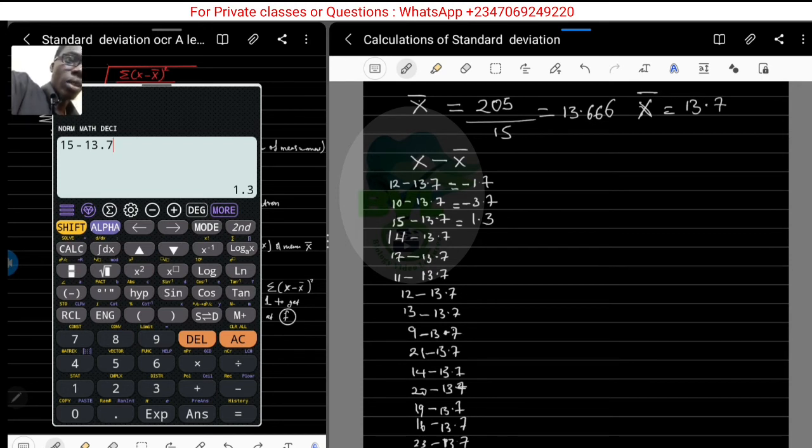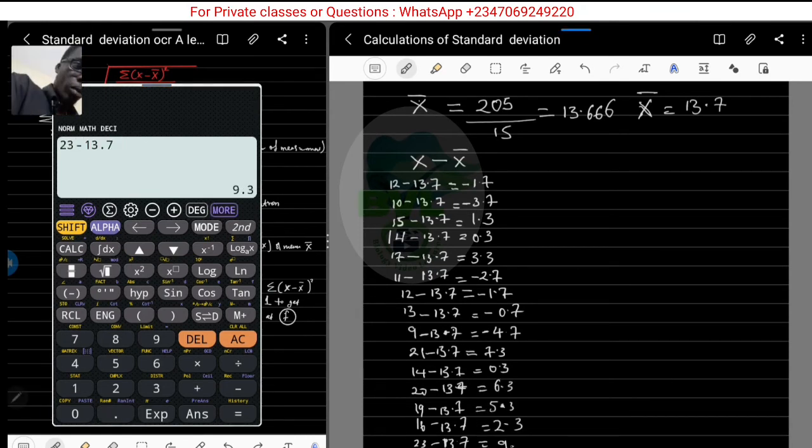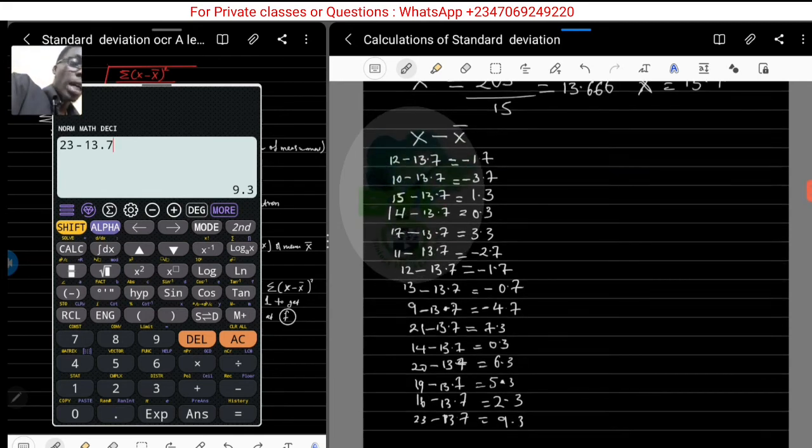So 14 minus 13.7, and so on. Now that's a lot of work, like I told you.